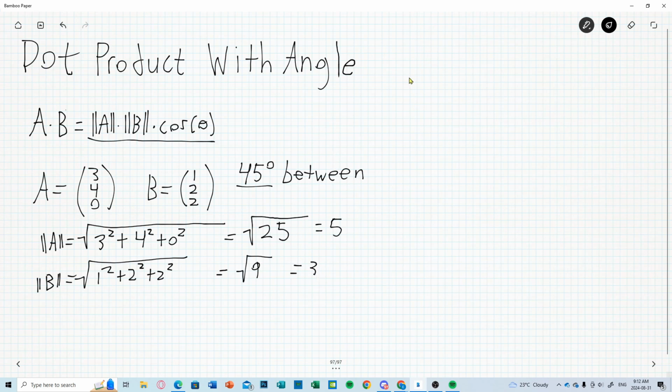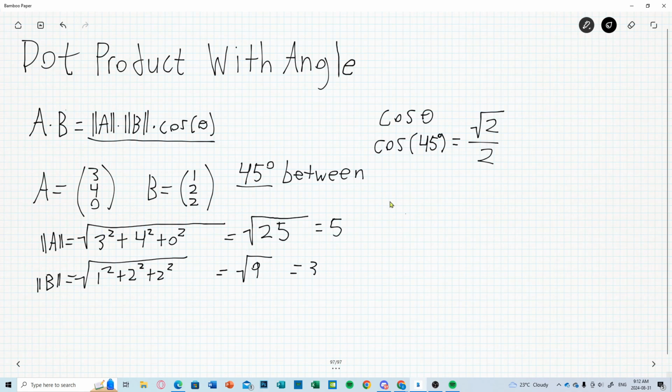Now we have our angle, cosine theta. We know cosine of 45 degrees equals square root 2 over 2 from special triangles. Now we put this all into our formula and substitute all the numbers in.